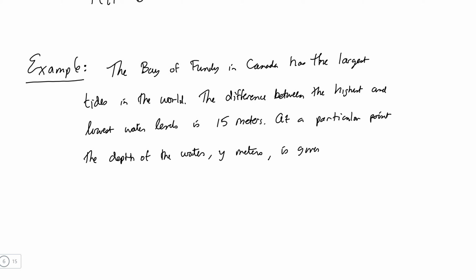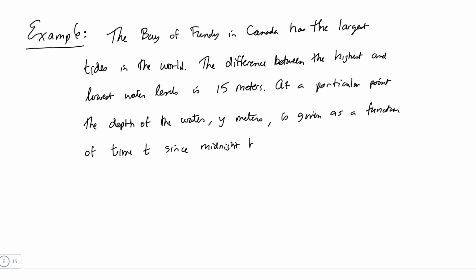So this is given as a function of time t since midnight by y of t is equal to d plus a cosine of b times t minus c.